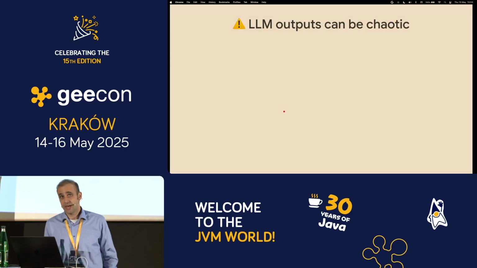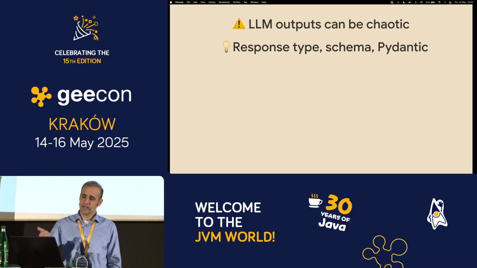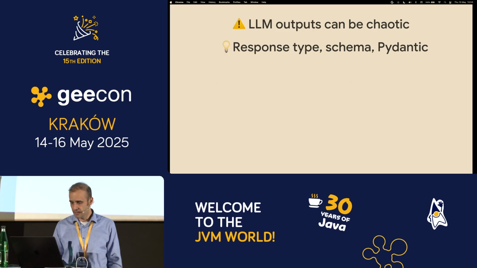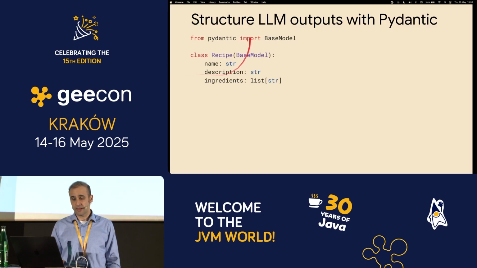LLM outputs can be chaotic, but thankfully this is not a problem anymore. You can define the response type with most models. You can define a schema. You can even use classes as schema nowadays with Pydantic. The way this works is that you define a class in Python with Pydantic, and you say, okay, I have this recipe class with name, a string, description, a string, and ingredients, a list of strings.